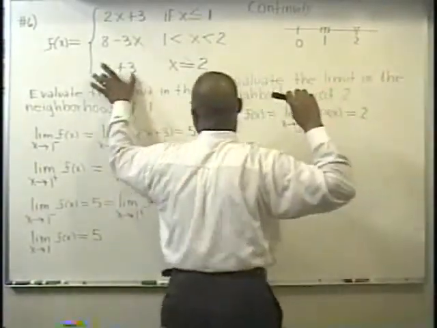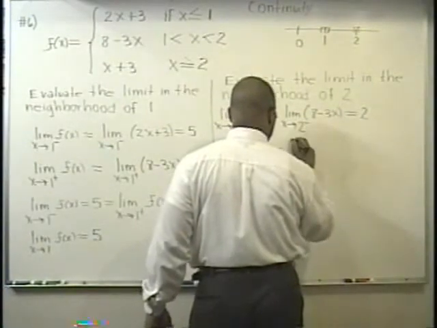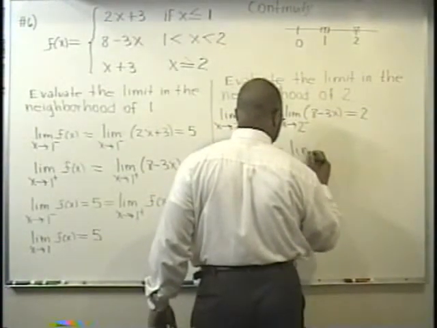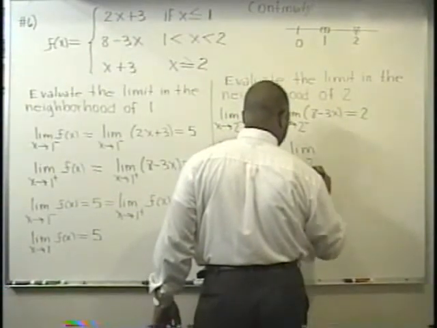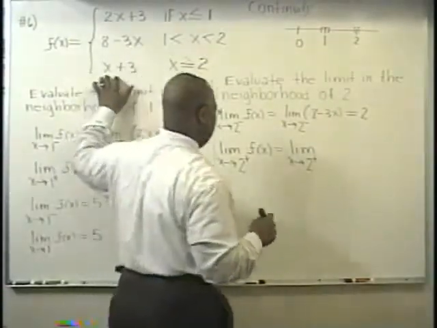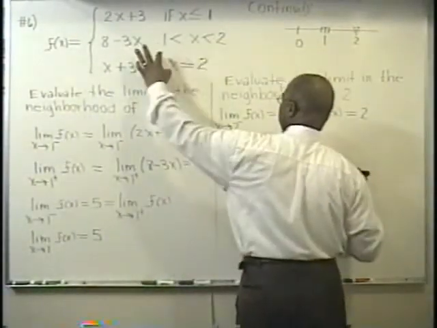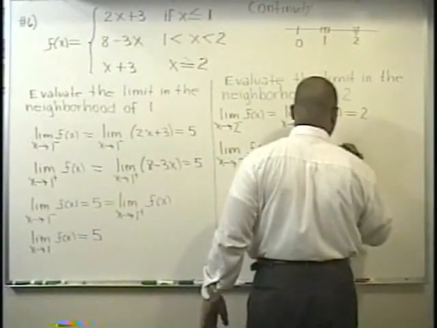So this says to use this value here. So now that expression, so now that's equal to the limit as x approaches 2 from the right. We have to use this. All those numbers that are greater than 2, we're getting closer to 2 from the right, of x plus 3.